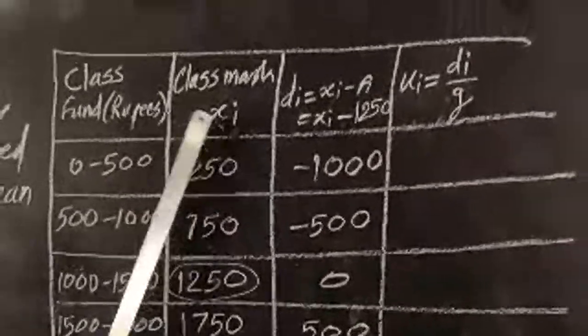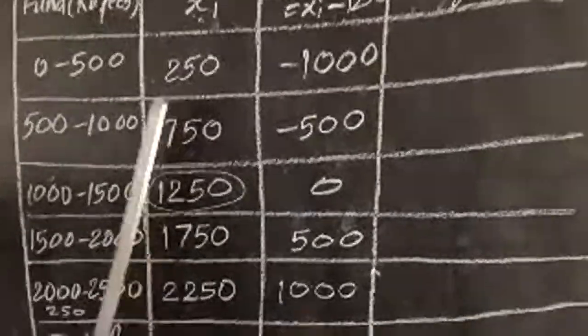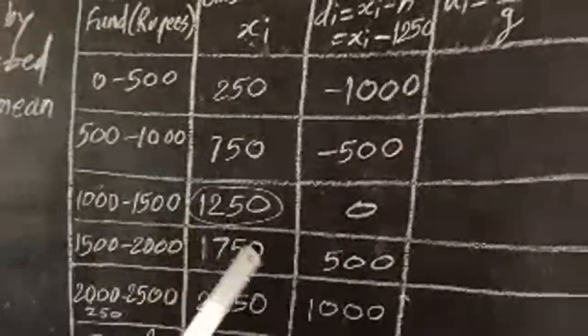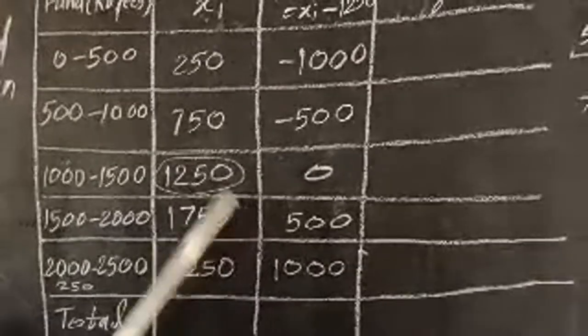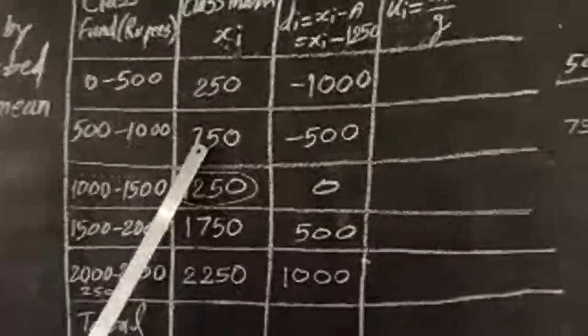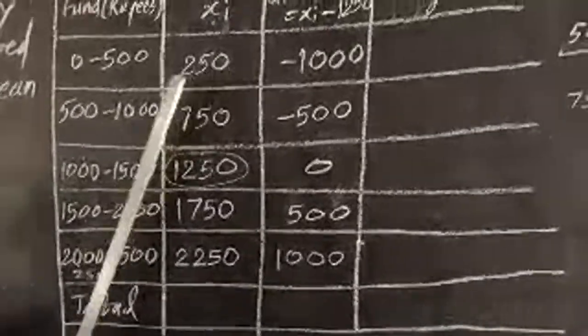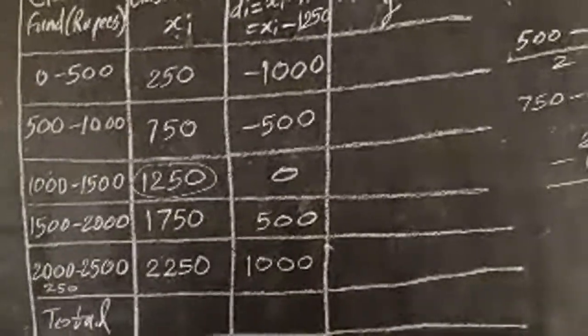Here class marks are present, and two consecutive class marks, that is first and second, or first and third? Which is consecutive? First and second are consecutive. Consecutive means in order.